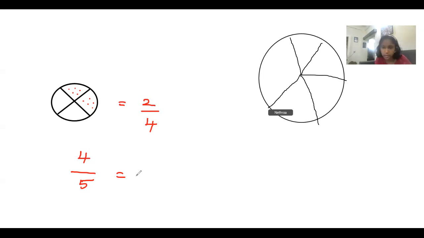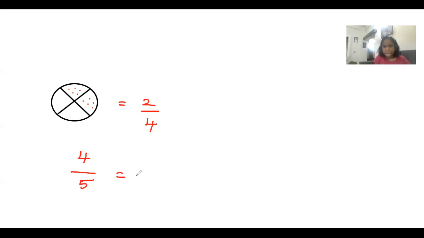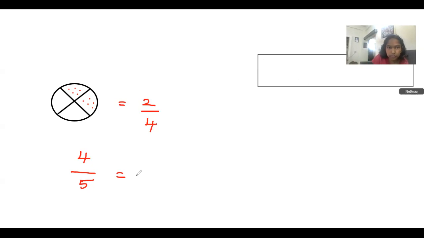There are 6 parts. 1, 2, 3, 4, 5, 6, 7. It's not working. No problem, that was good. I'll just do it in a rectangle. You can use stars also. You can use a rectangle also. Anything is fine. Any shape, it's totally up to your creativity.